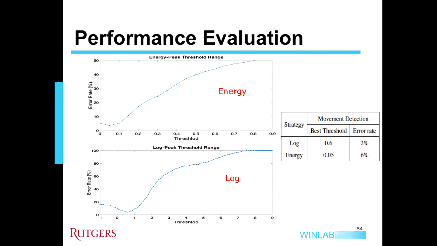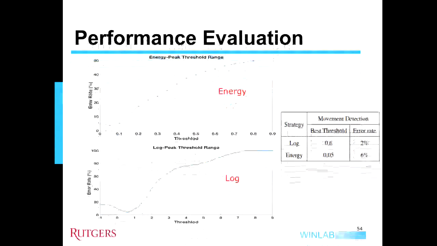Here we have good results for detection. For energy, this is the set of thresholds we applied and the error rate. For energy, we end up with a 6% error rate, which means 94%. That's what we got for the load cell.